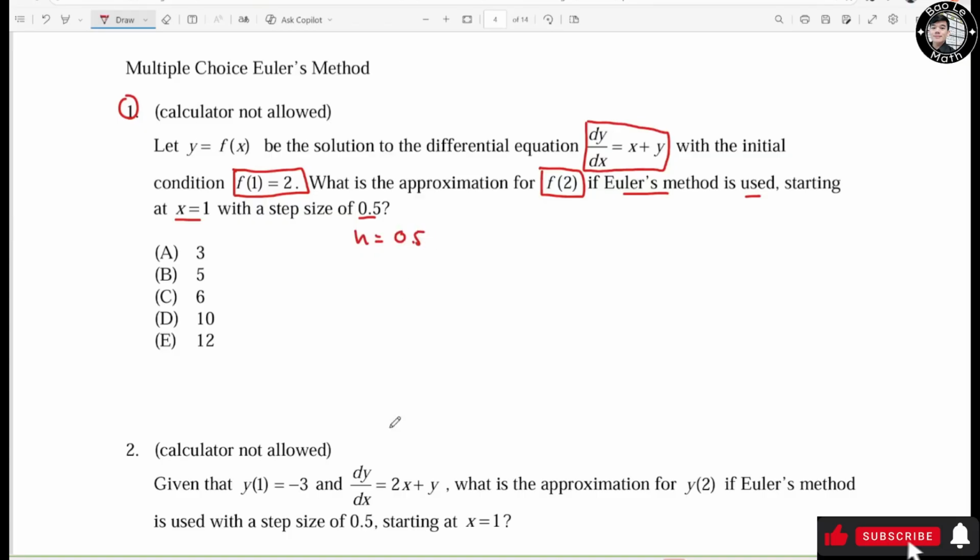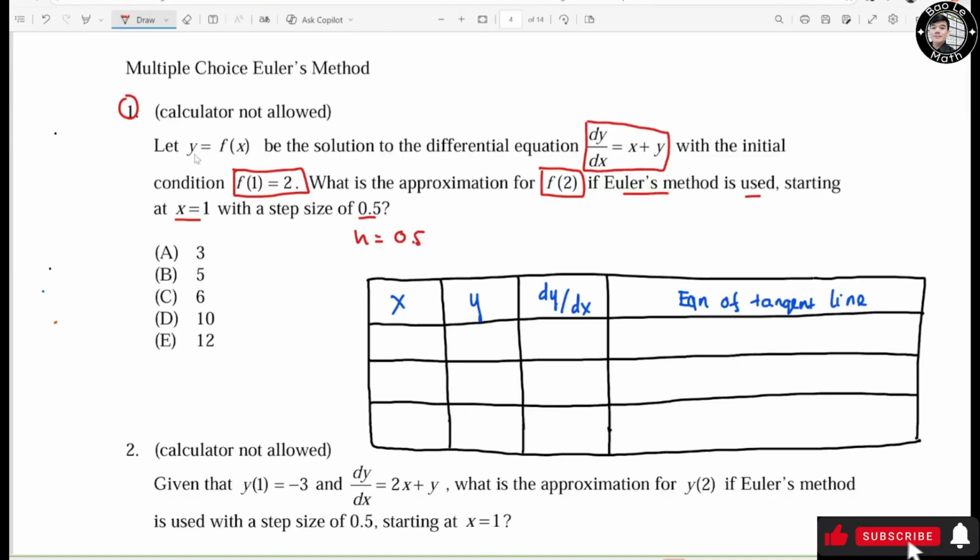Now we just get the table. The initial condition is right here, x equals 1, y equals 2, so we place 1 and 2 over here. Now the step size h equals 0.5 and the final value of x should be 2, so we keep adding 0.5 to the x value until we get 2.